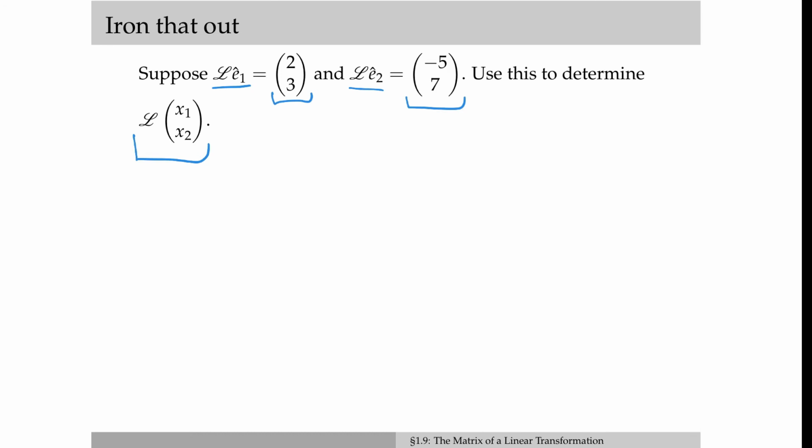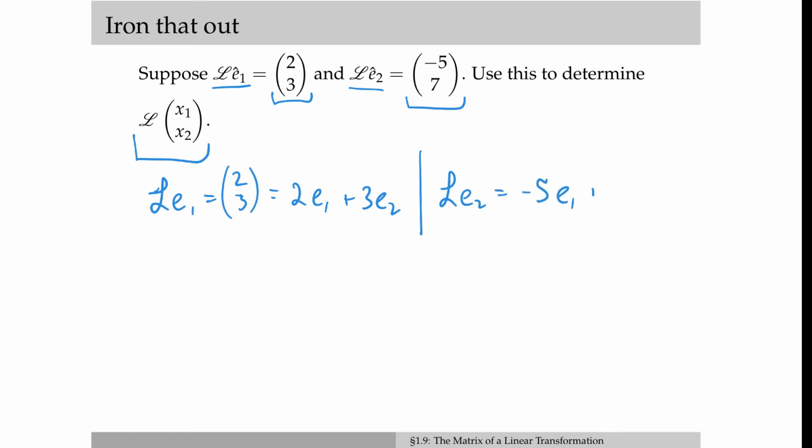By this first statement, LE1 equals 2, 3, and I can decompose this as 2E1 plus 3E2. In a similar way, L applied to E2 is negative 5E1 plus 7E2.